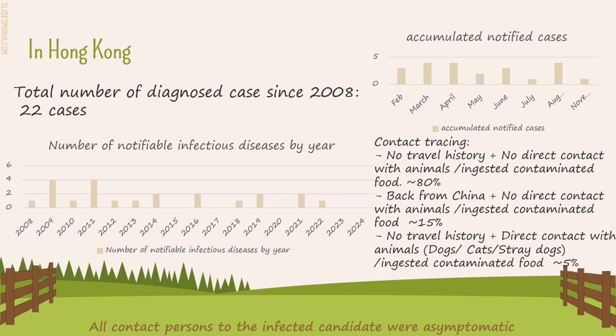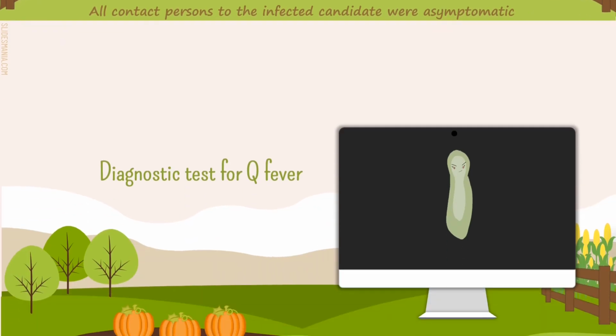The only published journal, in 2008, reported that there might be a gap in diagnosing Q fever in Hong Kong, as it is not commonly diagnosed, and probably Q fever could be underdiagnosed. In view of the signs and symptoms, this will be further discussed in the diagnostic test part.